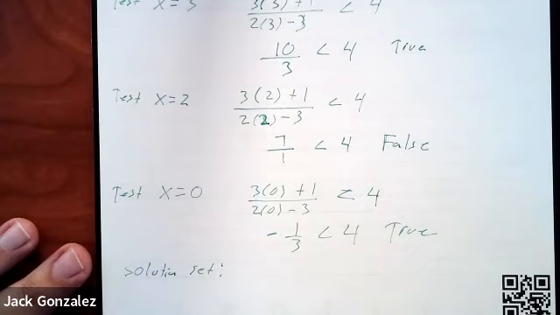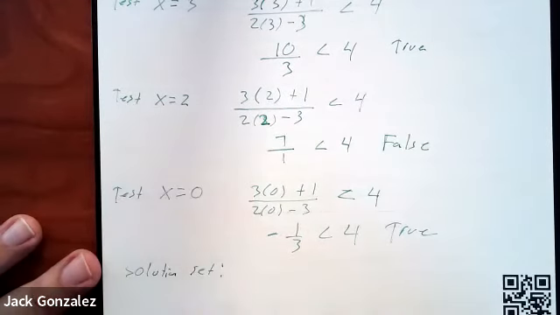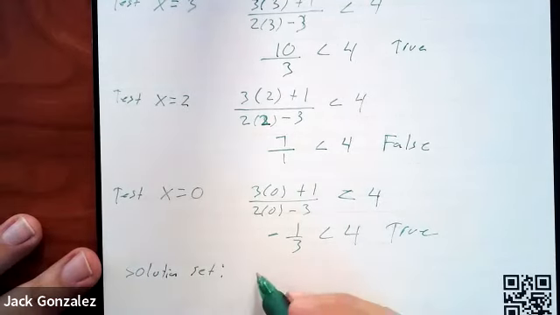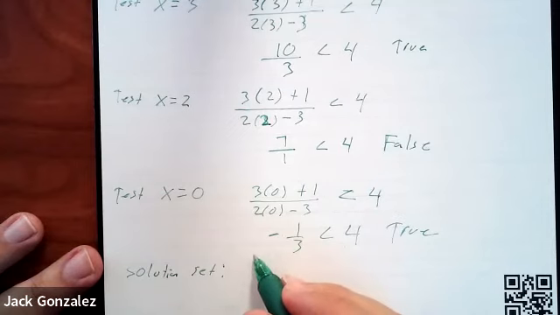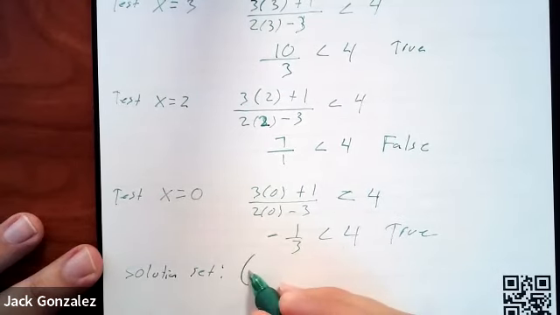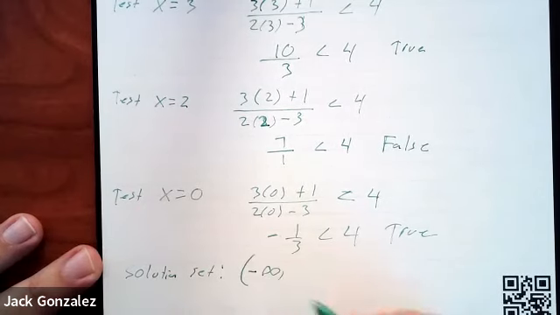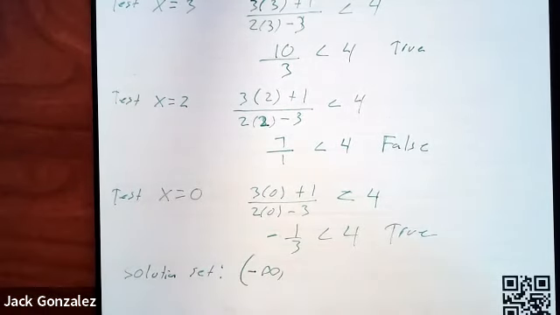Yeah, 5 and 6. Everything below 1.5, right? So as an interval, the bottom part is negative infinity, right?